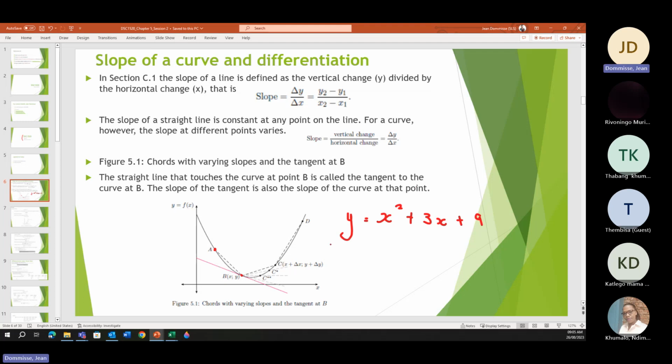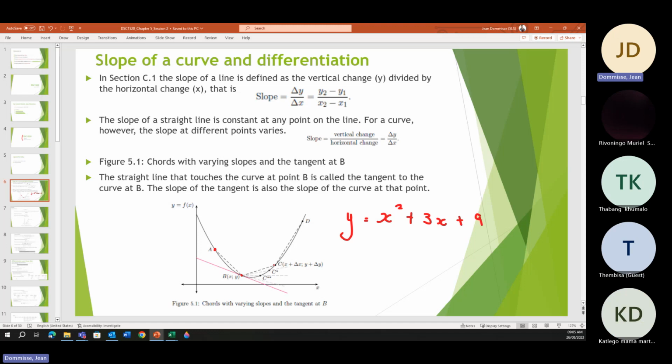Then when we differentiate this formula, we're going to get the line that touches the quadratic equation. Let me quickly differentiate it.